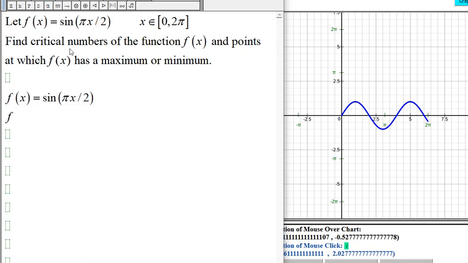So we have f prime of x, and this is sine of pi x over 2. And so to find the derivative here, we need to use the chain rule and let u be pi x divided by 2.